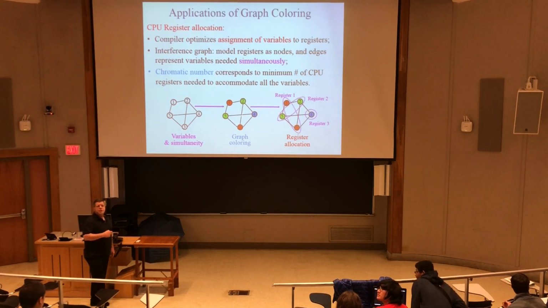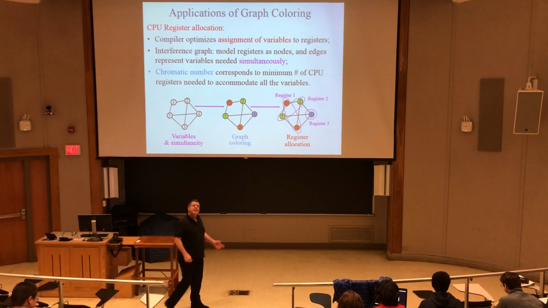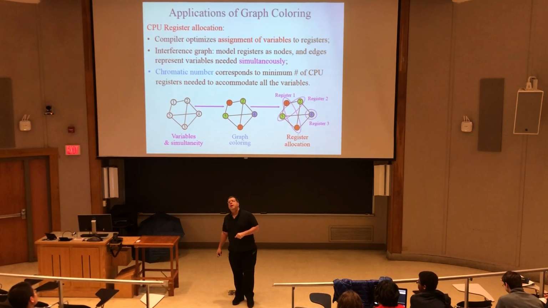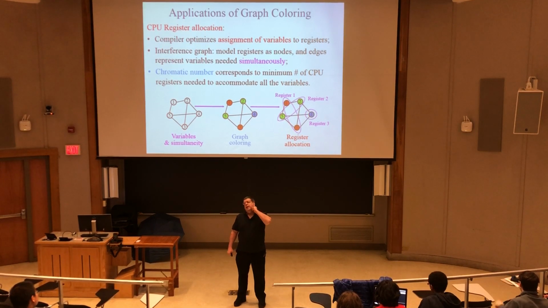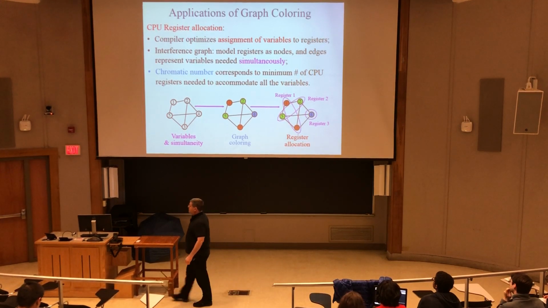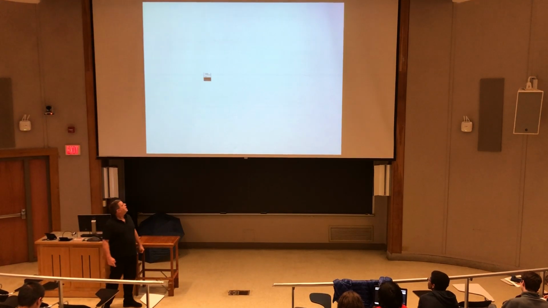And compilers do this all the time. Compilers internally use graph coloring heuristics to come up with minimum register allocations for compiled code. Now, obviously, compilers are not going to compute this exactly, to the highest degree of optimality, because it's NP-complete, but they'll use fast heuristics to do that.